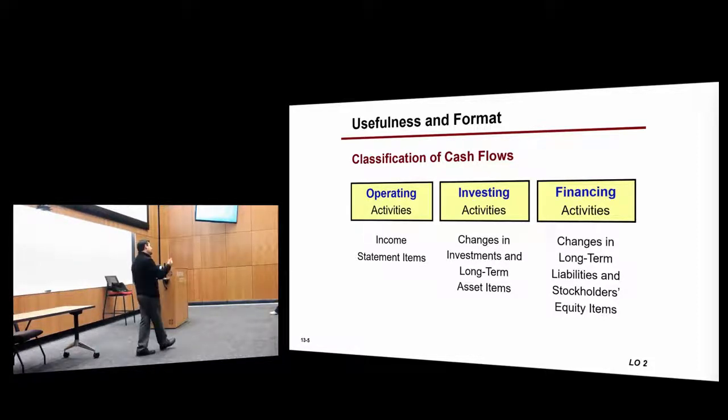If equipment was $100,000 last year and this year it's $120,000, that means at least that you invested 20,000. Let's keep it simple: you did not sell any equipment, you just purchased a new truck. So that is a cash outflow because you invested in additional things.